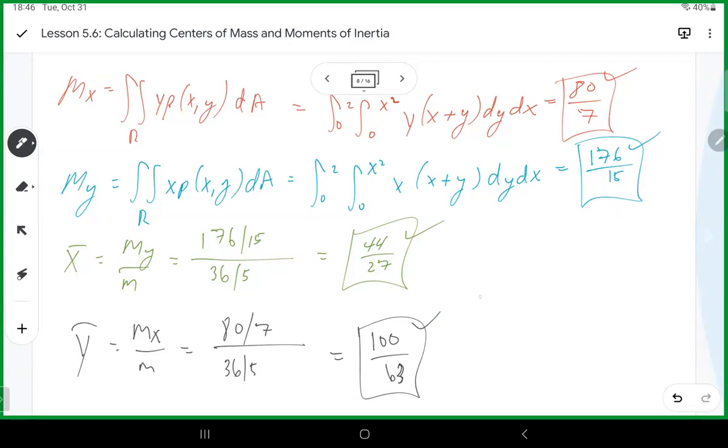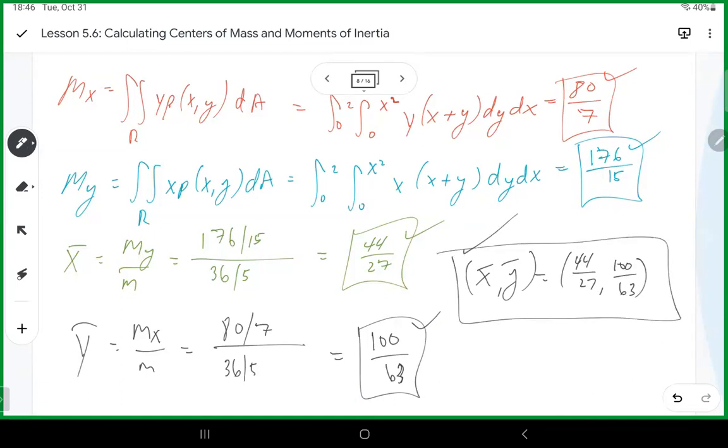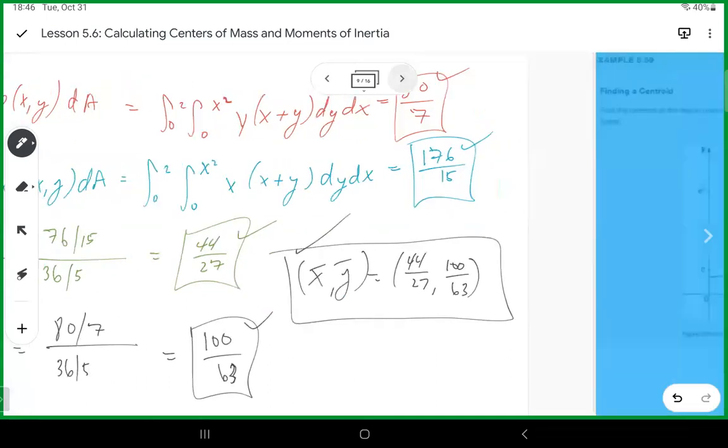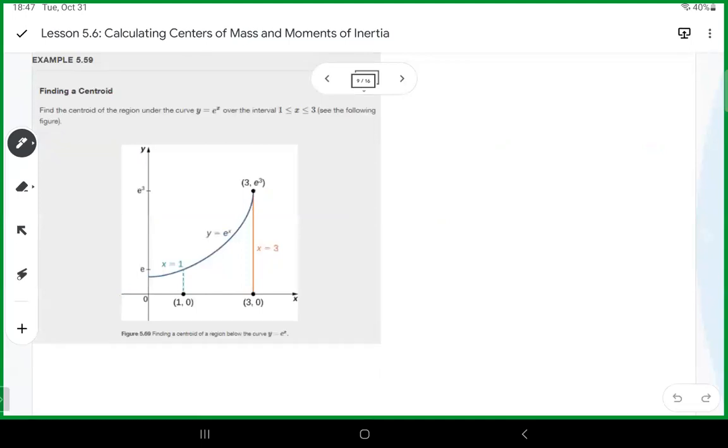Okay, so the center of mass would technically be... All right, so to compute the centroid, we assume that the density function is constant and hence that it cancels out.